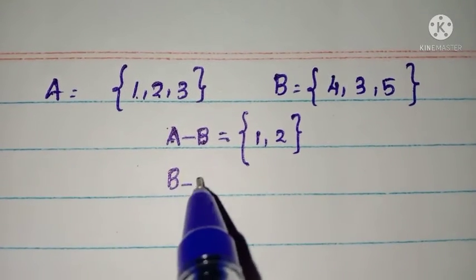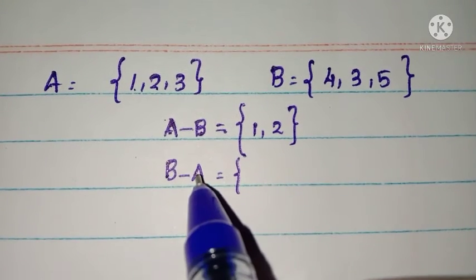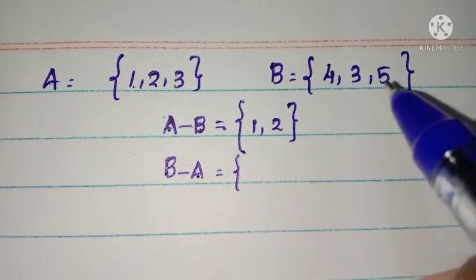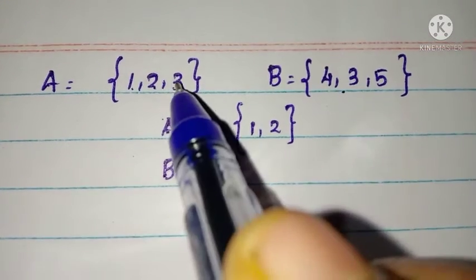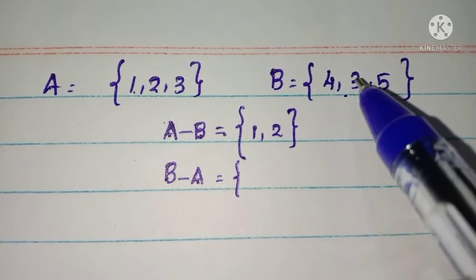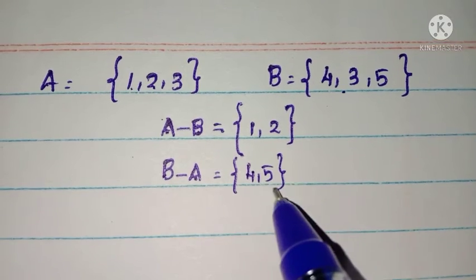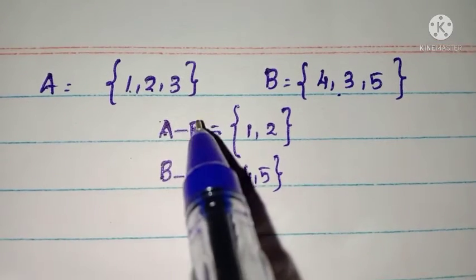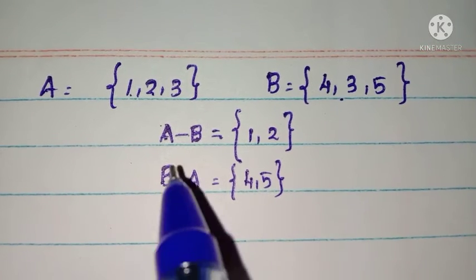Now what is B minus A? Listen, from the set B, we want to eliminate the elements of A. See, this is the set B. Here 3 belongs to A. So eliminate or remove this 3 and write the remaining elements 4 and 5. So A minus B is {1, 2} and B minus A is {4, 5}.